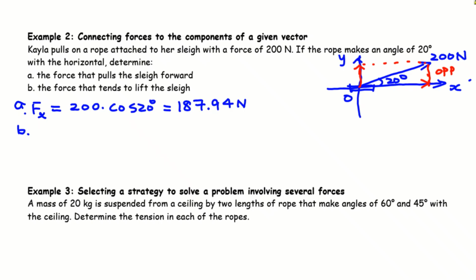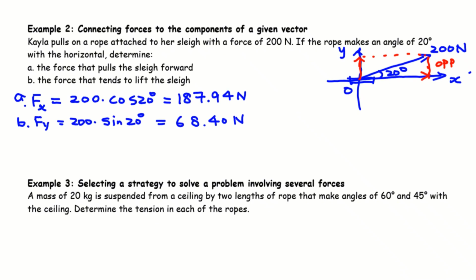So the y direction equals the force times sine 20 degrees. Then get your calculator out. It's around 68.40 Newton. So you will see that for the component vectors, the x direction or y direction, the forces have meaning. So this is done for this one.